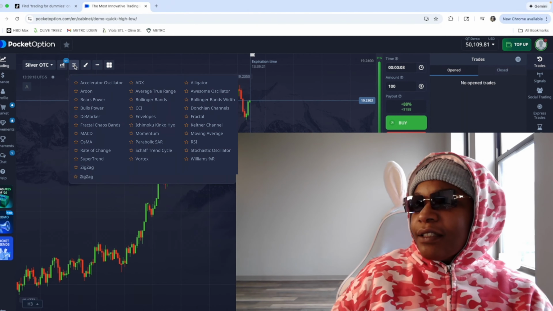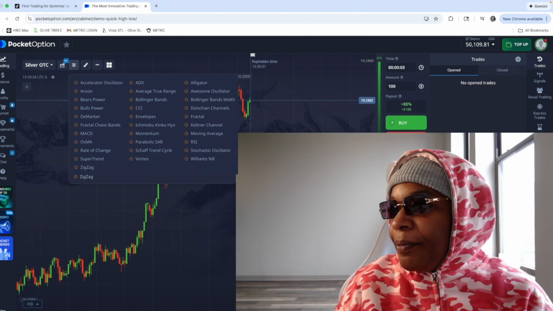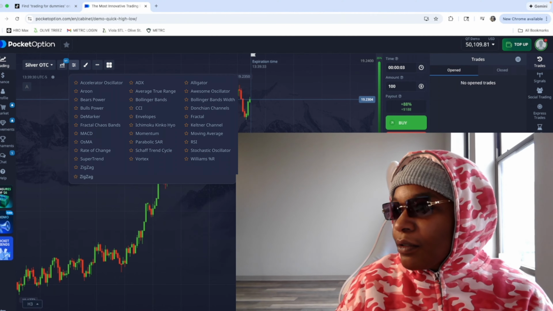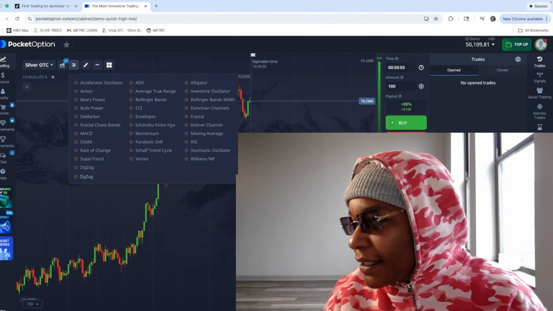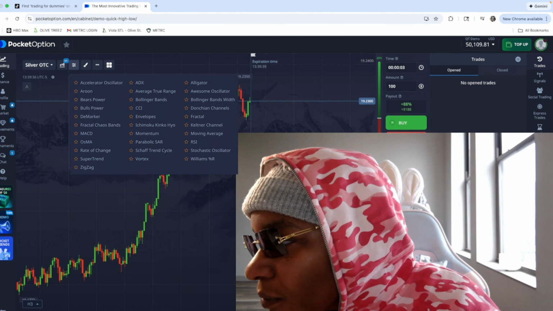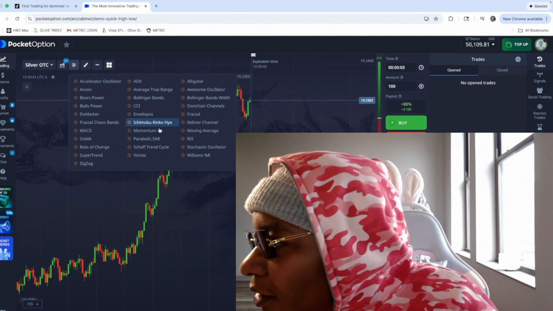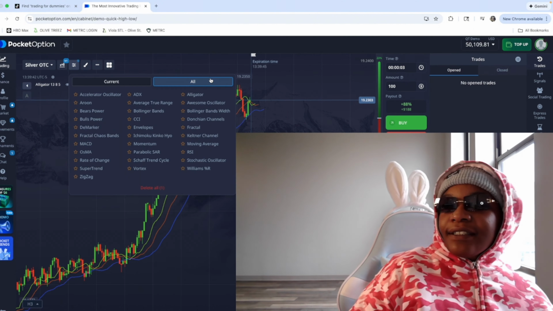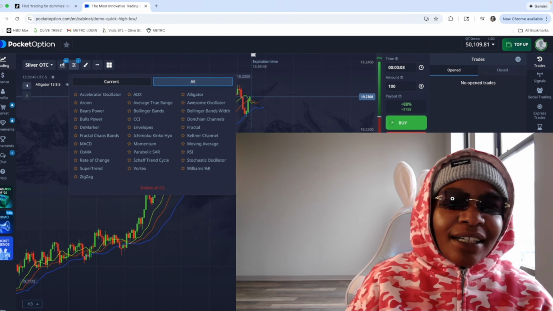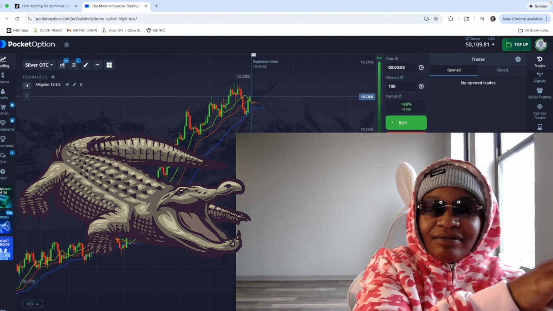So up here, we have some indicators. Basically, these indicators will help you. So right now, let's utilize an alligator. Alligator is what it sounds like. You got that mouth.